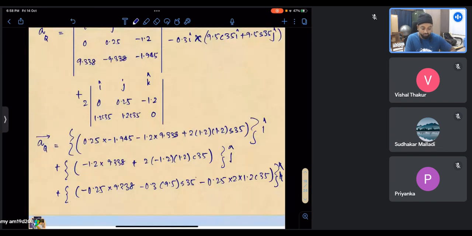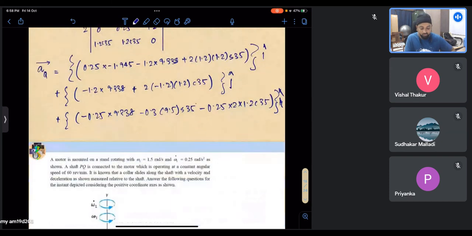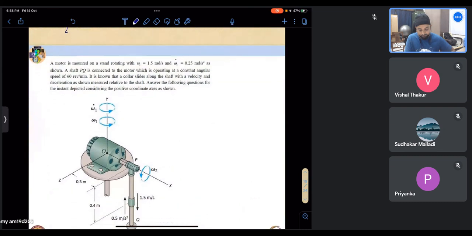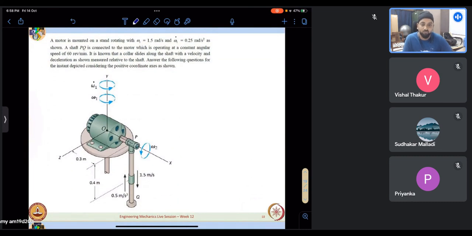So I will leave it here. When I post it, I will solve it threadbare, get it to the end and then post it. So let me move on to the next problem, just to give a brief of how this is to be done. And when I post the solution in the sheet, I will post the entire solution so that you can refer back to it whenever you want.